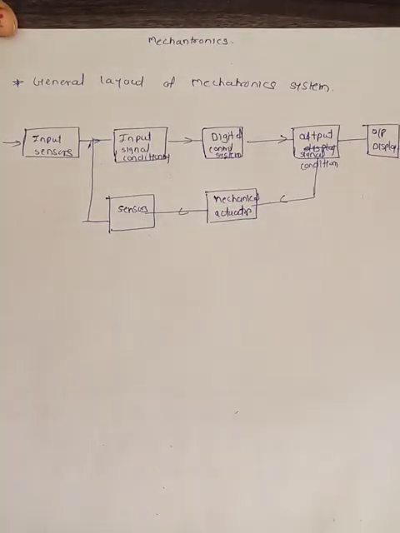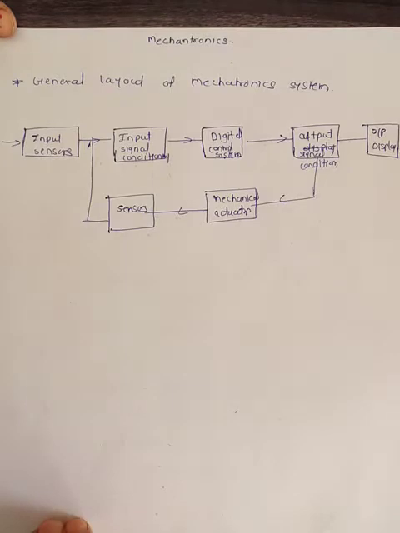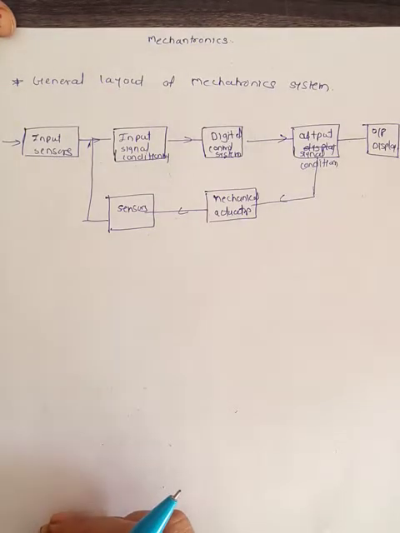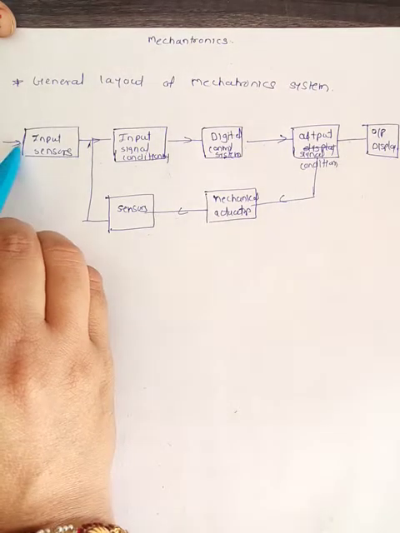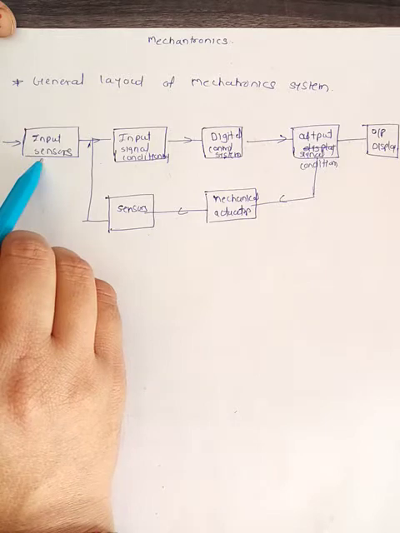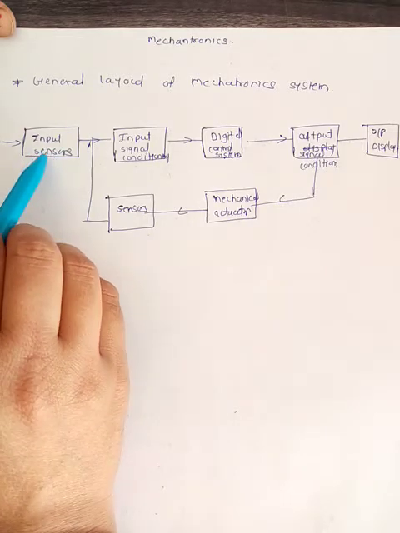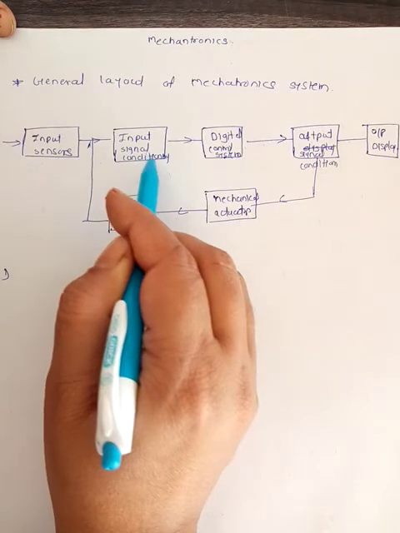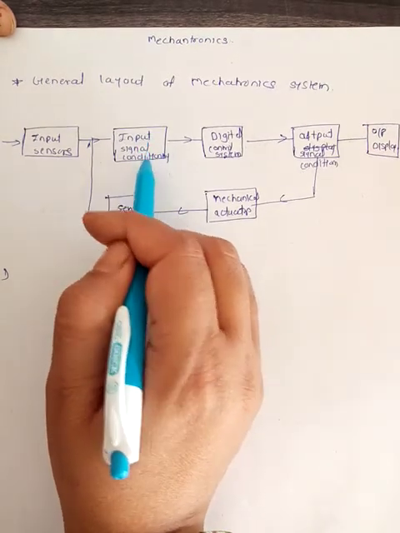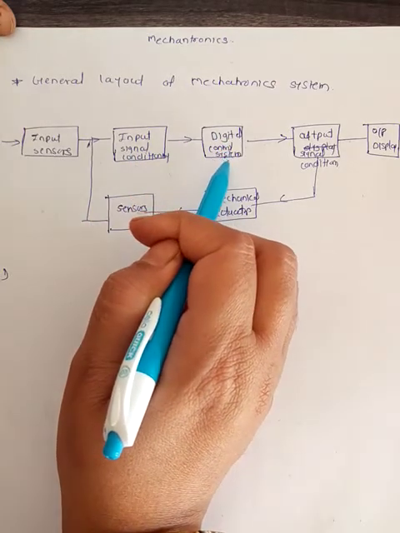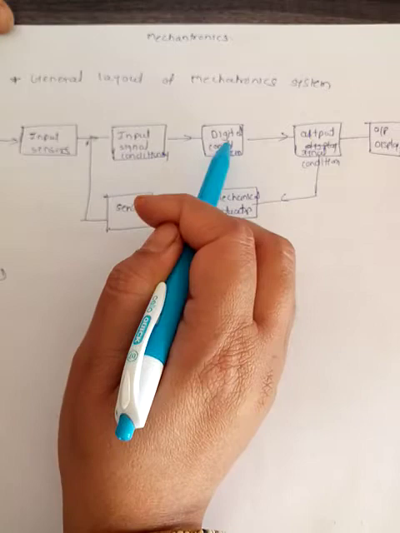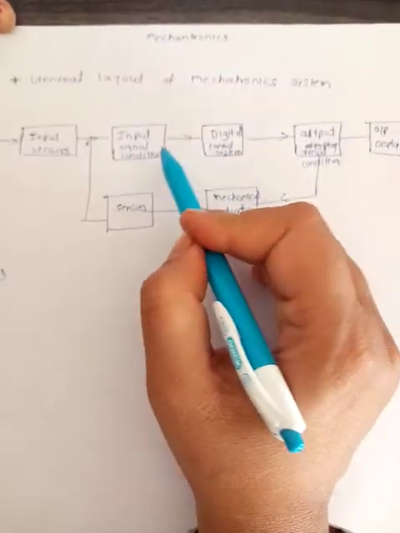Then what is a sensor? A sensor is something that senses the various processes. The input sensor passes a signal, and it is checked whether it is correct or not, so it passes to the input signal conditioning. First comes the input signal conditioning. We give the signal condition and then it is passed to the digital control system, where the signal is converted into digital form, a number.